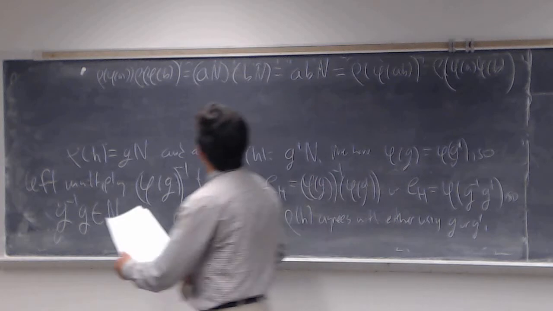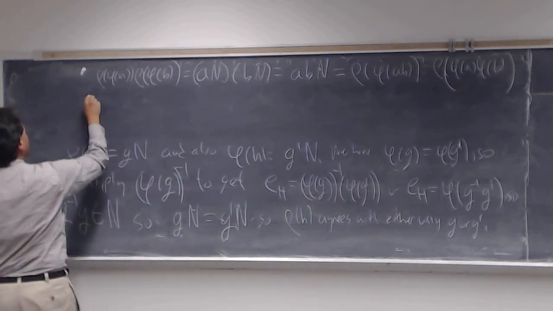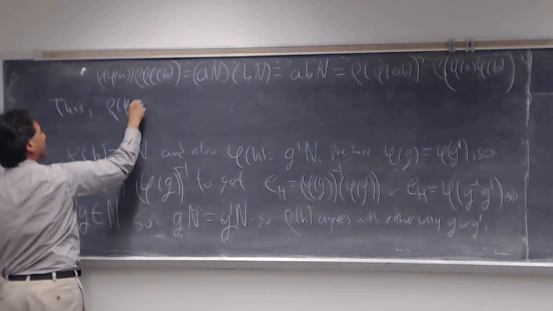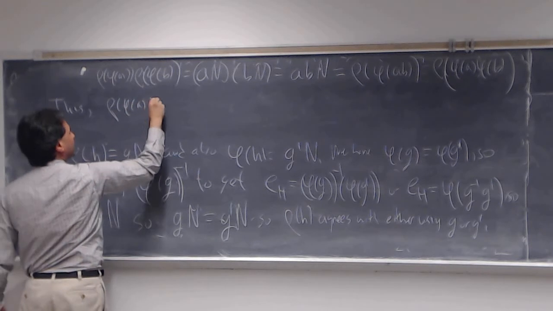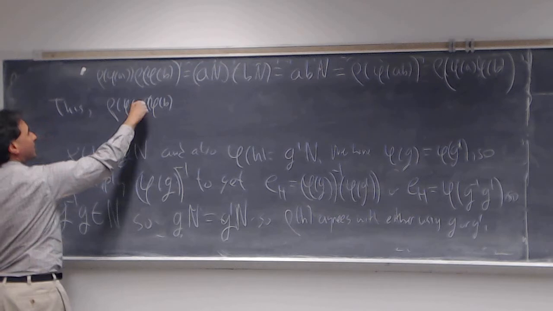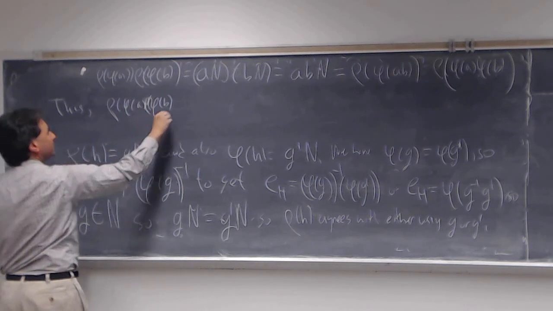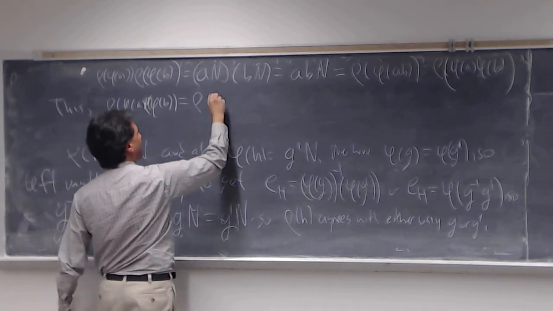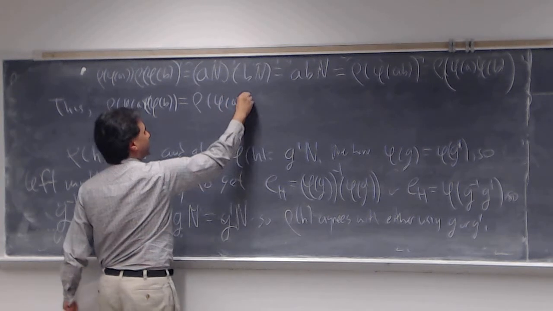So if we look at what I've shown, let me just restate it, connecting the two ends of the board, I've shown that rho of phi of a times rho of phi of b is equal to rho of phi of a times phi of b.